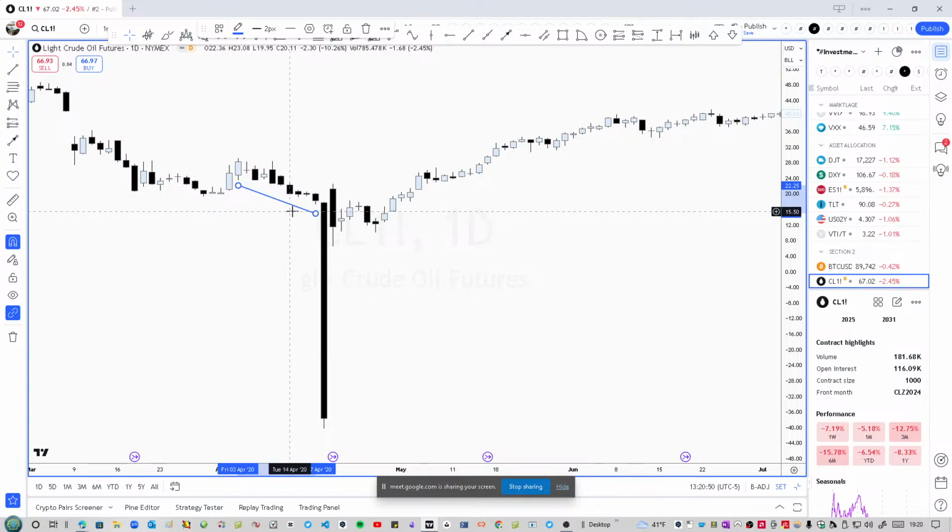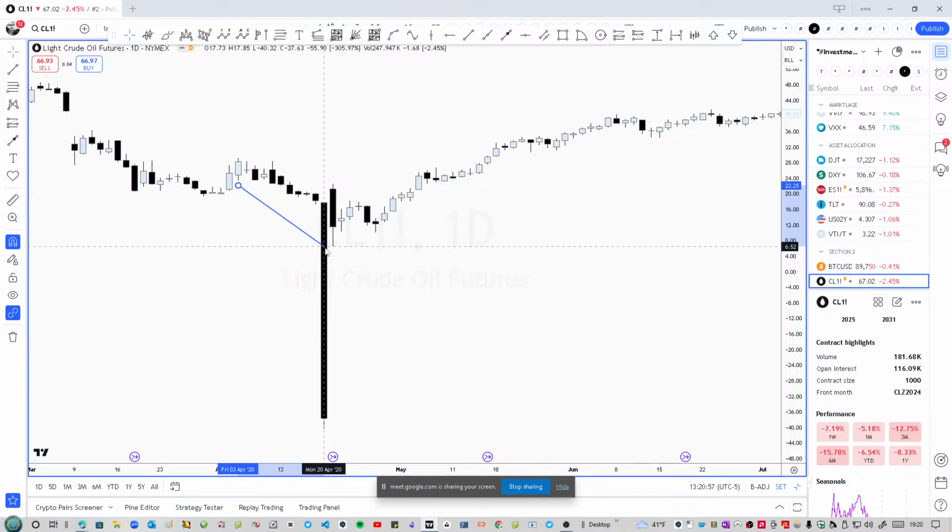So it was very, very expensive to store oil these days. And it was cheaper for the guys to give you 10, 12, 30, $40 per barrel if you take the contract from them. Because why? I'd rather pay you $40 per contract to take this 1000 barrel from me instead of paying a fee to the CME or NYMEX where oil is traded.